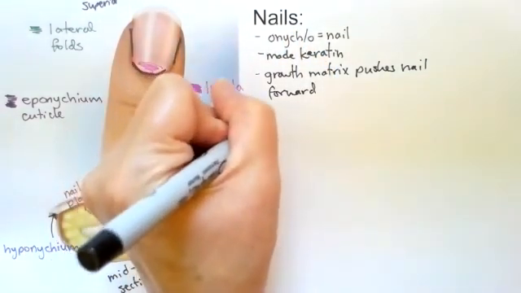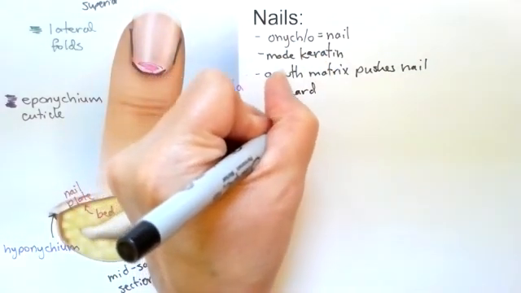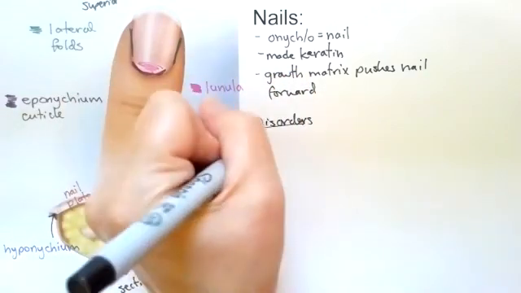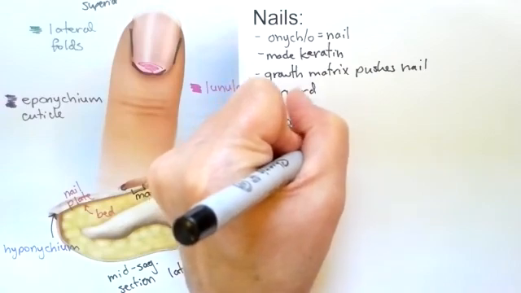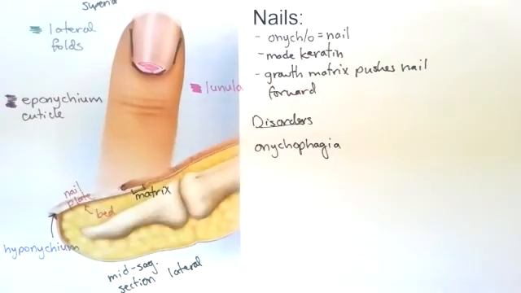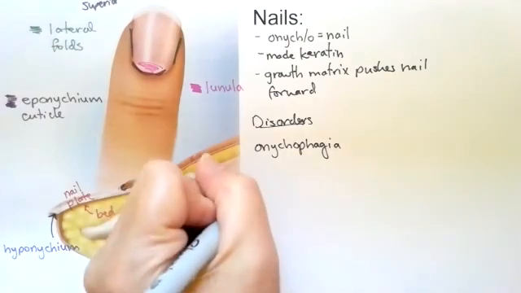So let's talk about a couple of disorders. Let's talk about onychophagia and perionychium.